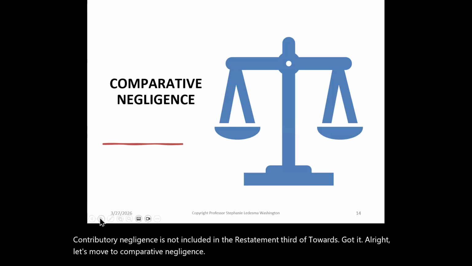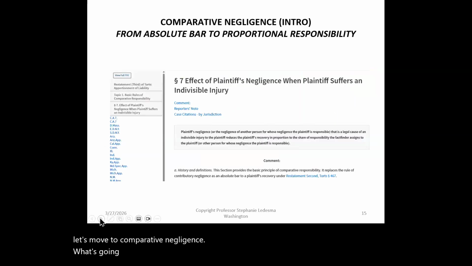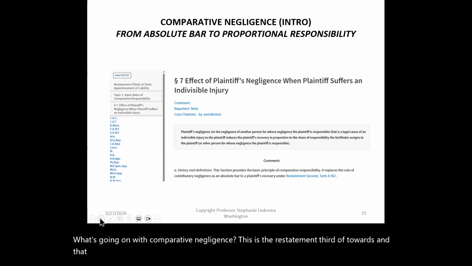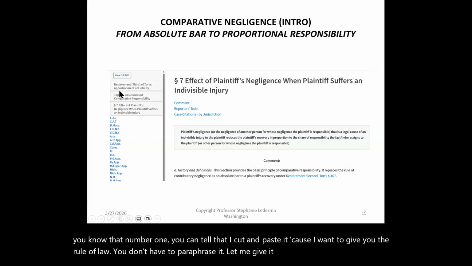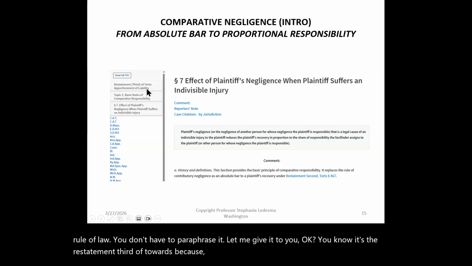Got it? All right, let's move to comparative negligence. What's going on with comparative negligence? This is the Restatement Third of Torts. And you can tell that I cut and pasted because I want to give you the rule of law. You don't have to paraphrase it. Let me give it to you, okay? You know it's the Restatement Third of Torts because right here it says Restatement Third of Torts. What section? Apportionment of Liability.